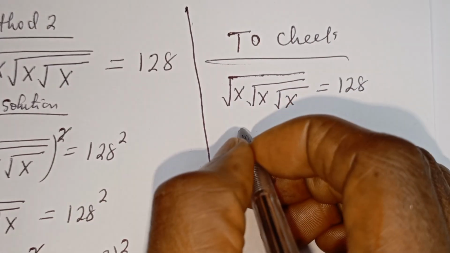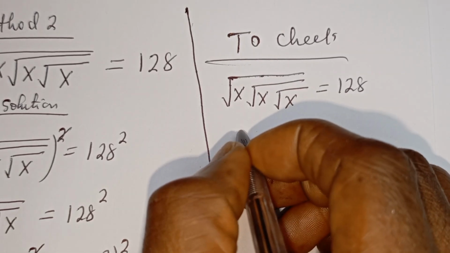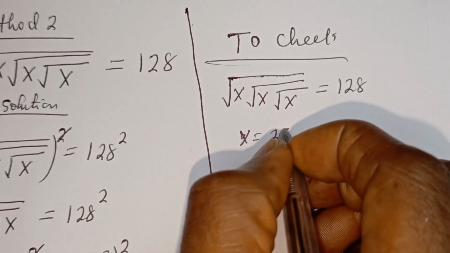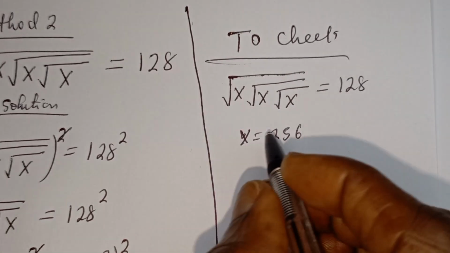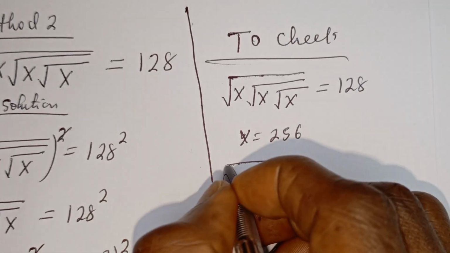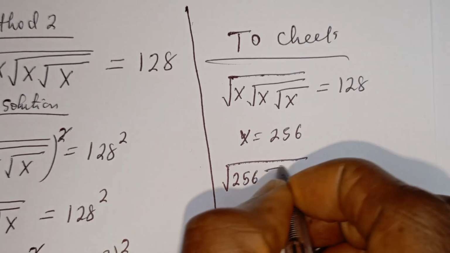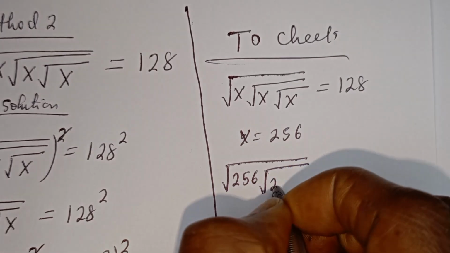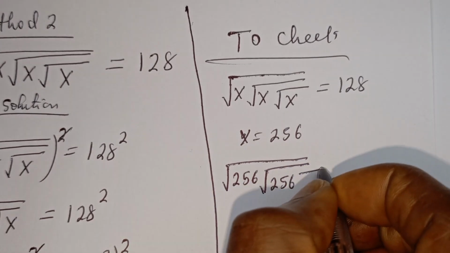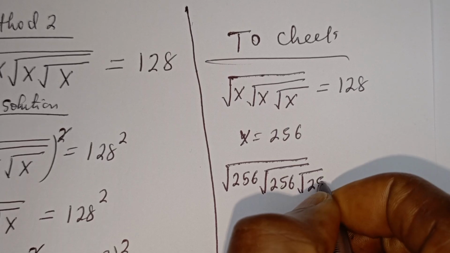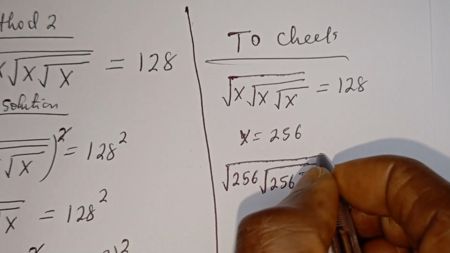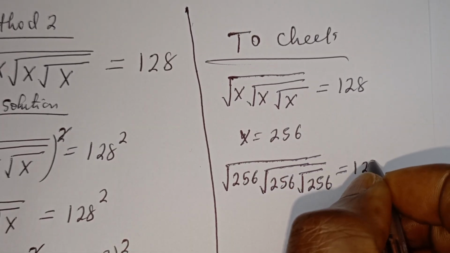Then when s is 256, here we have square root of 256, then square root of 256, square root of 256 is equal to 128.